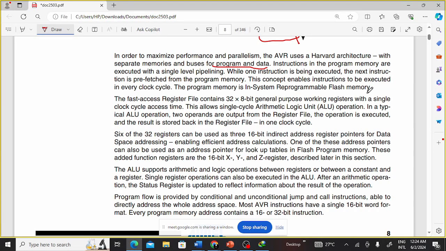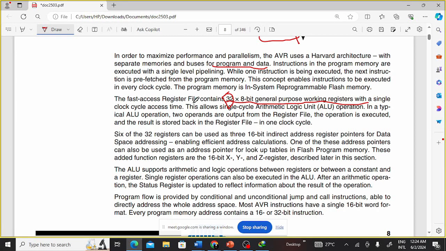but we dealt with that so much in this class. How did I fit programming? The fast access register file contains 32 times 8-bit general purpose working registers. Let me explain this statement because I find it interesting. The name ATmega32, that 32 comes from this word, and that's why I want to explain it.